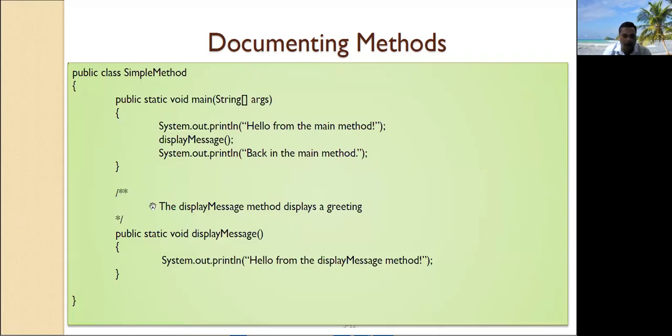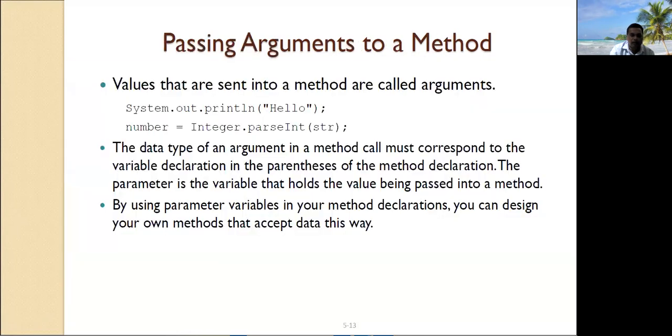Before the header of the method definition, you have to specify the additional information regarding the method. To give this additional information about the method in Java, we have to use a documentation comment before the header of the method.